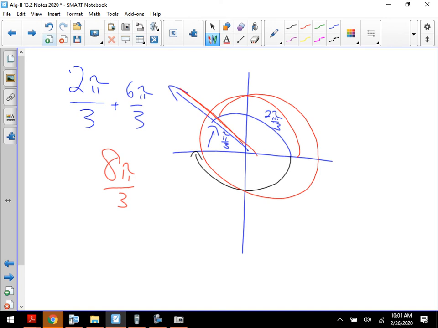So my full amount would be negative 4 pi over 3. Okay? Adding, subtracting 2 pi to it. If you know your reference angle, you know how much of a pi you need to go up or down to match up to it. That's where reference angles are super important.